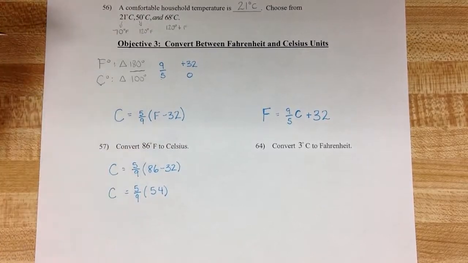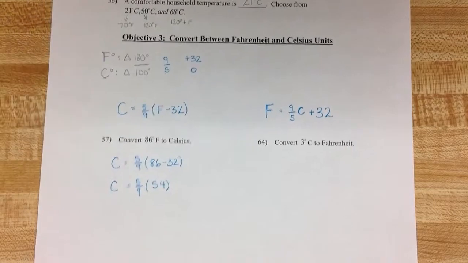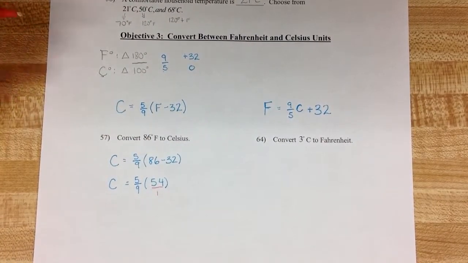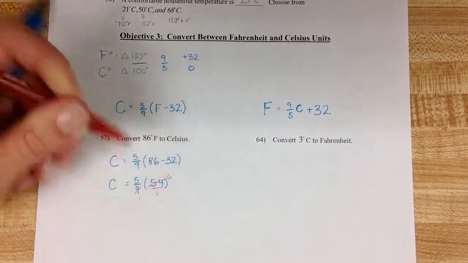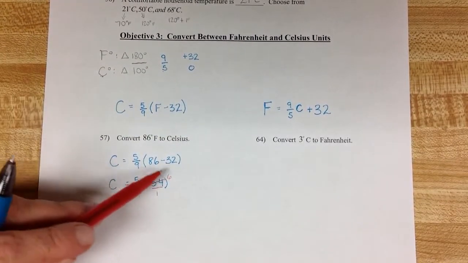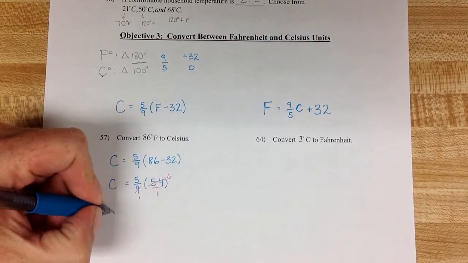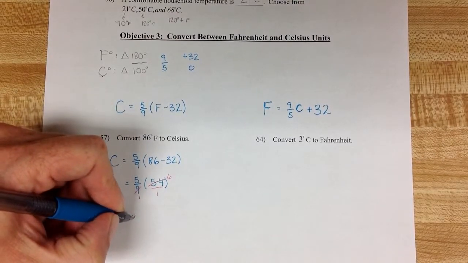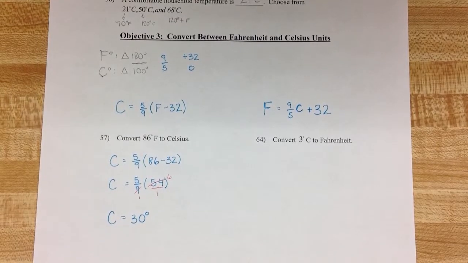That gives me C equals 5/9 times 54. Then to do this multiplication, I'm going to put a 1 under there and do some cross-canceling. The 9 will cancel out, and I'm left with a 5 times 6. So 86 degrees Fahrenheit is the same as 30 degrees on the Celsius scale.